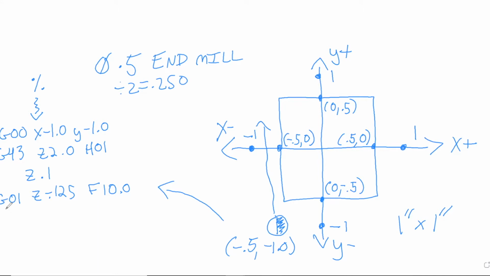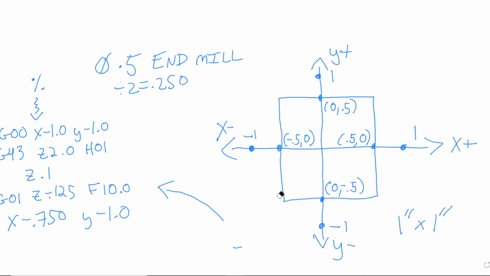So since G01 is modal and so is the feed rate, we would want to compensate for the radius and move over to x -0.75, y -1.0 to offset our tool so we could cut.